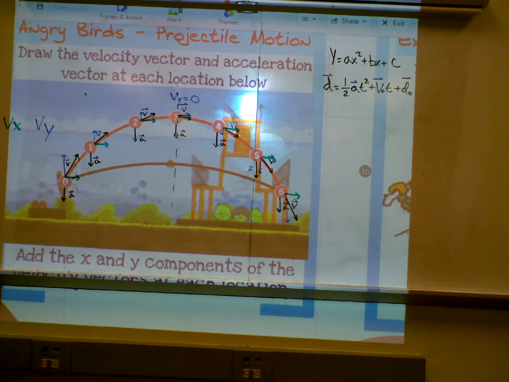Now remember the naughts mean that it is the initial. Does that make sense?